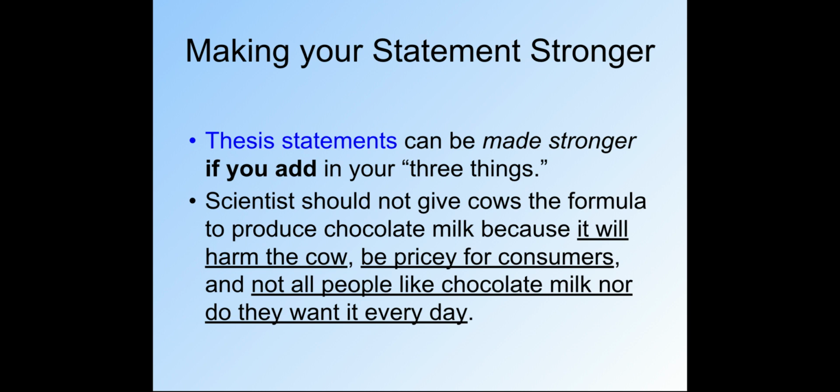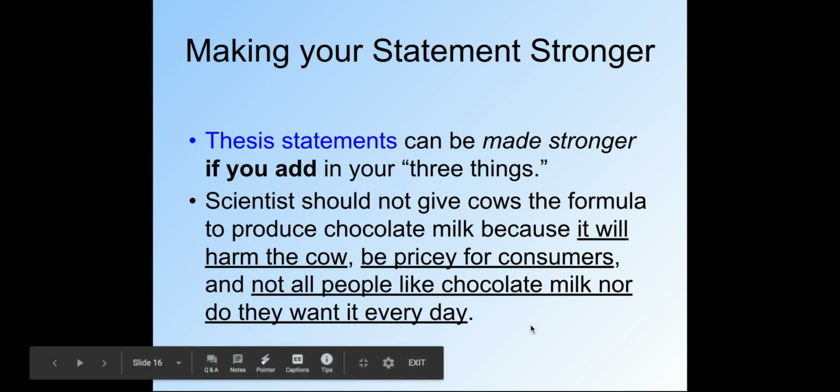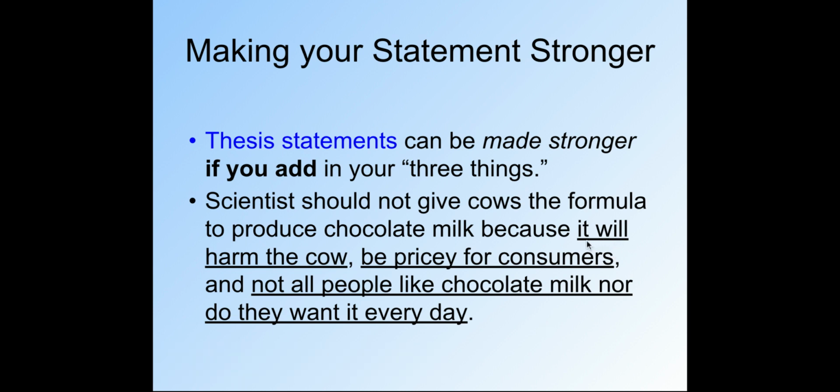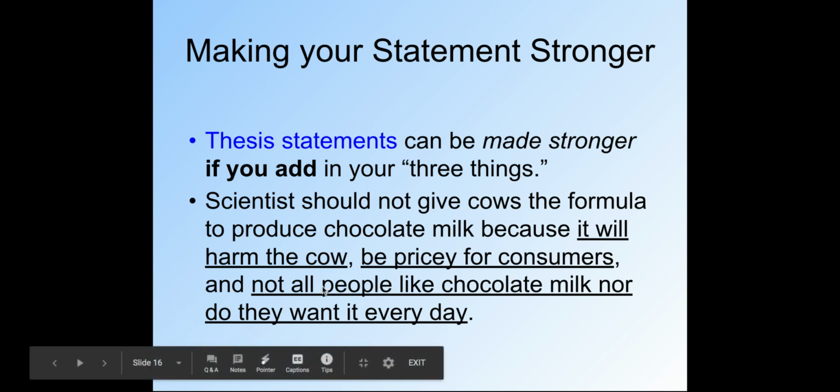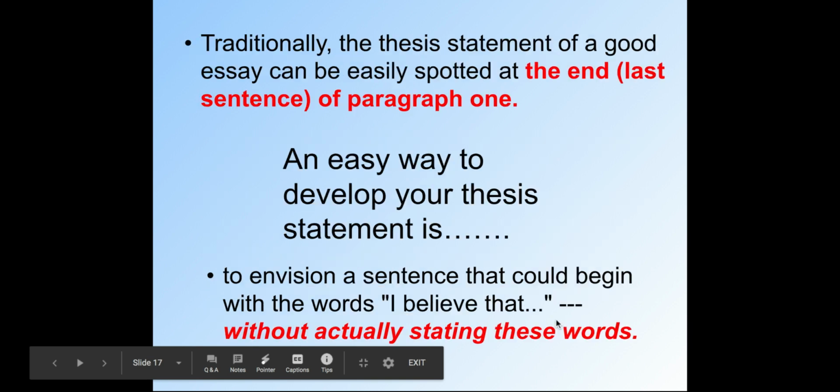That's a perfectly good sentence. It's lengthier, but you will notice that it includes the three reasons. So if I want to prove that scientists should not give cows the formula for chocolate milk, you'll notice that my first reason is it will harm the cow. My second reason is it will be pricey for consumers. And my third reason is not all people like chocolate milk, nor do they want it every day.